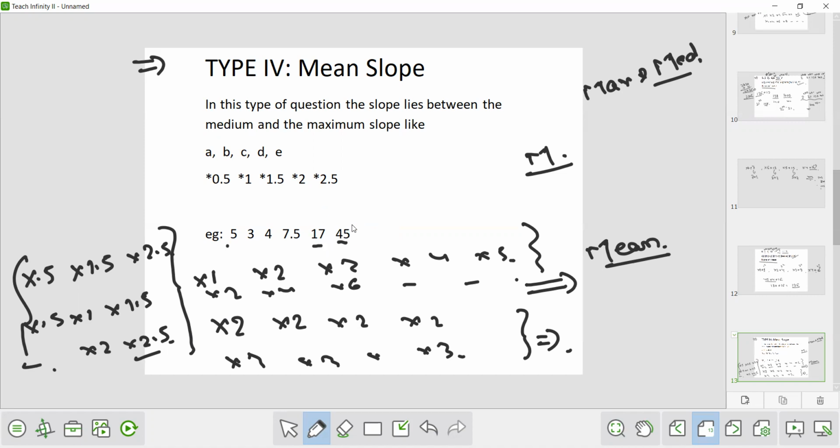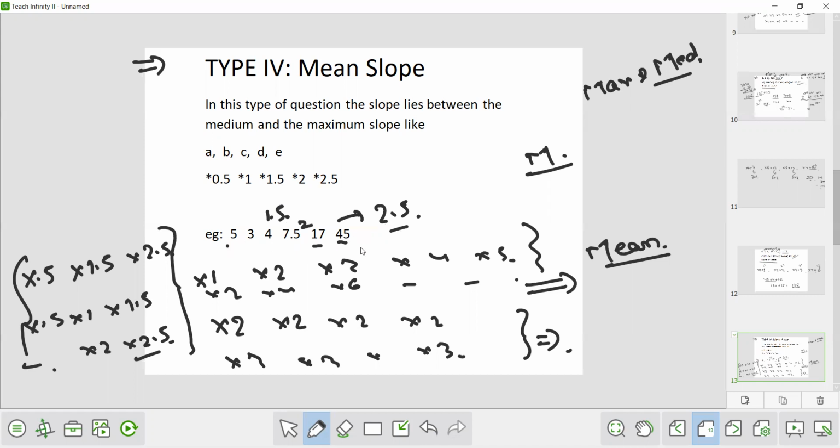So 45 is how many times of this 17? By looking at this, we can say that it's nearly 2.5 times. Now this 17 is how many times of this 7.5? By looking, we can say that it's nearly 2 times. So now 4 and 7.5, it is nearly 1.5 times. Like this, we can say that.